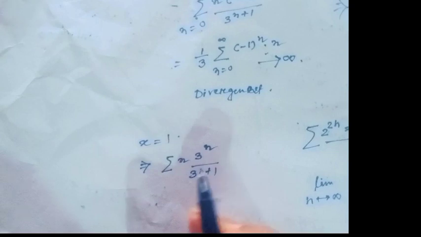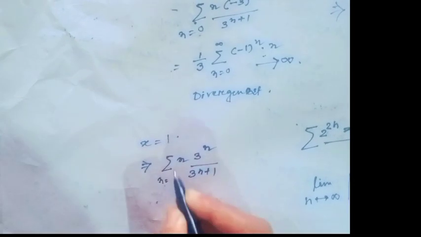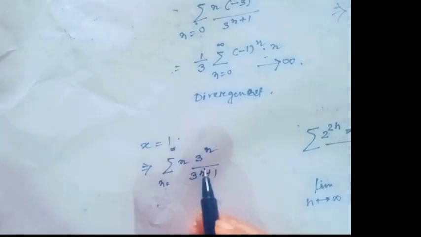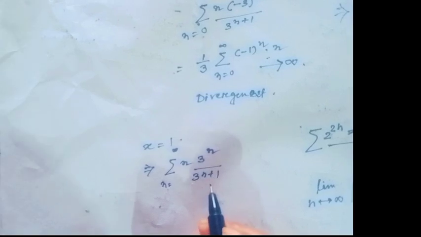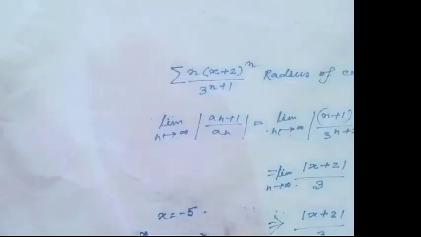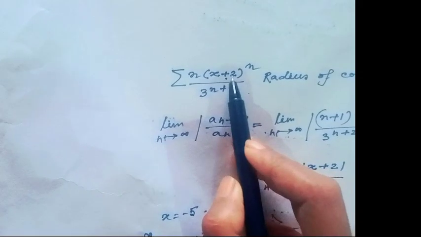When x equals 1, the series becomes the sum from n equals 0 to infinity of n times 3 to the power n over 3 to the power n plus 1, because we just put in the value x equals 1.